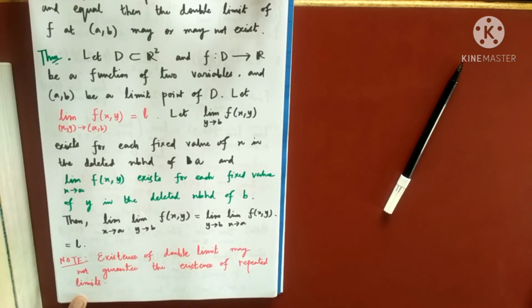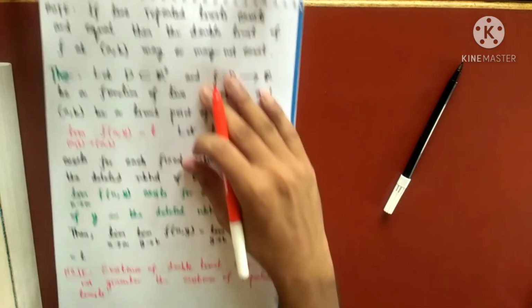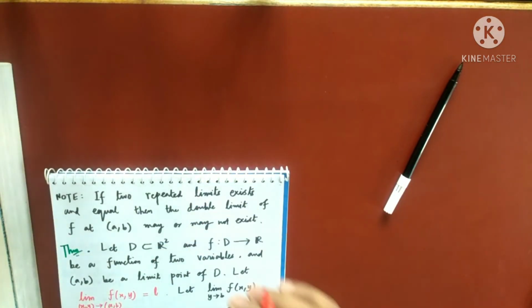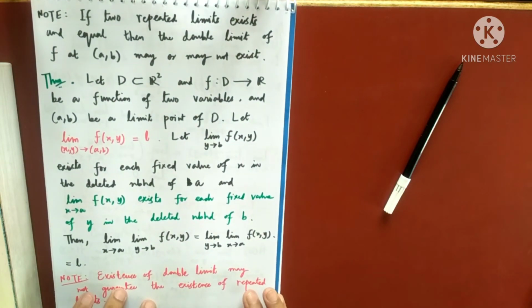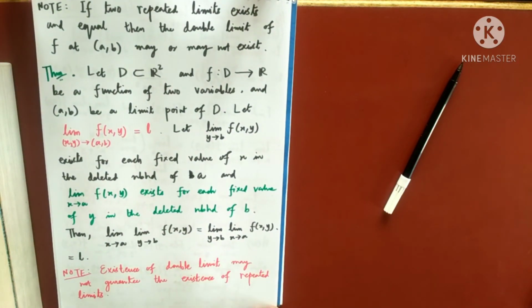So we have seen two important notes which I had given a few minutes back. The above one said that even if the two repeated limits are equal and equal to L, it may happen that the double limit may not exist. And what is this note I have given you? That the existence of the double limit may not guarantee the existence of the repeated limits.